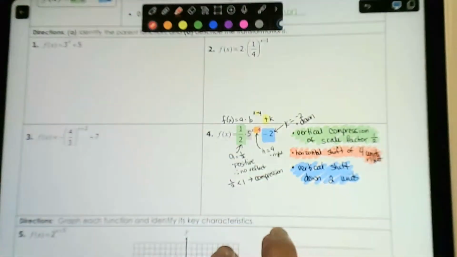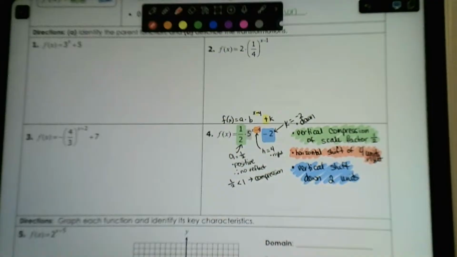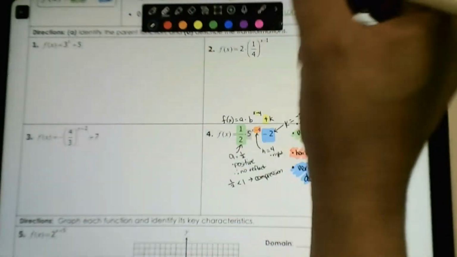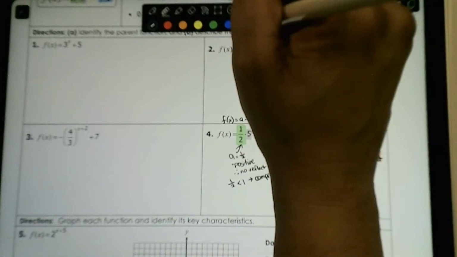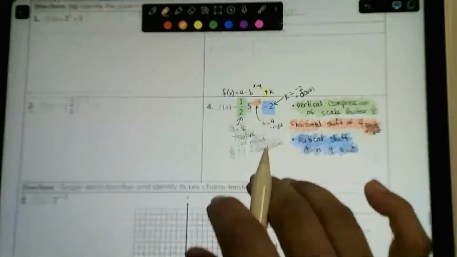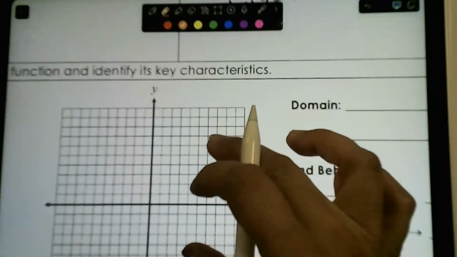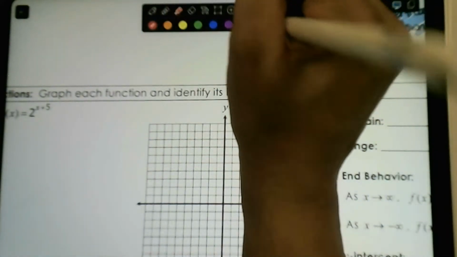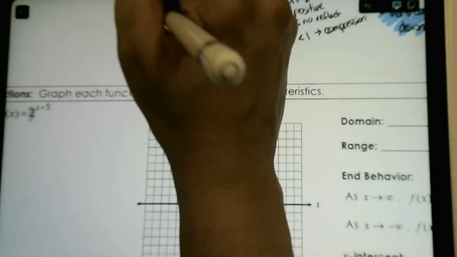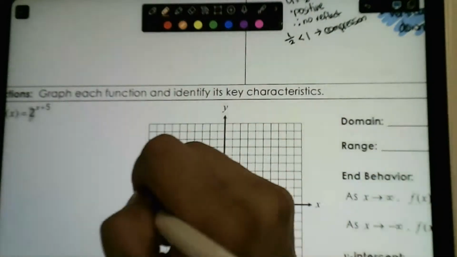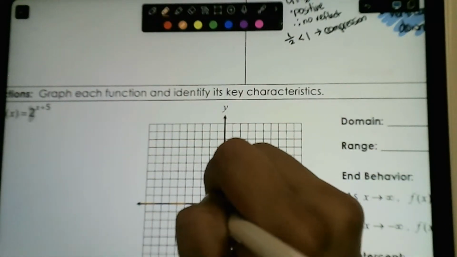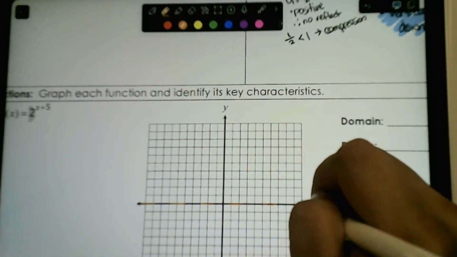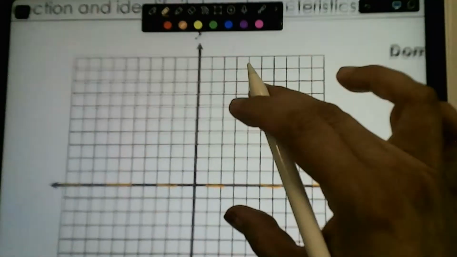Okay? So we want to start off by graphing the parent function. I'm going to graph the entire parent function in orange so that way we can see it easily. Parent function, we have to think about the base. The base is 2. So our parent function has an asymptote here on the x-axis.